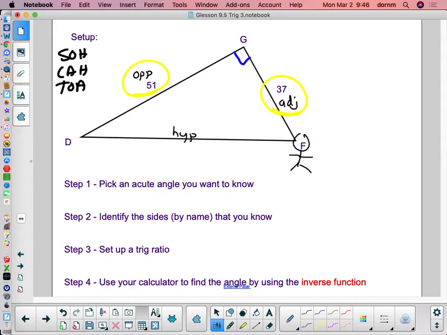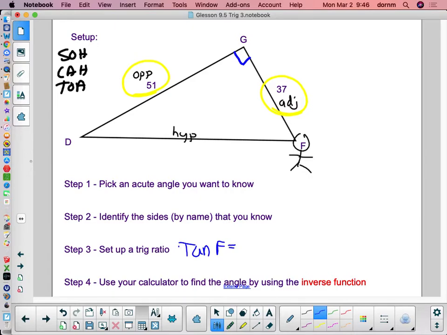Tan. So tan is the function we're going to pick. We're going to set up our equation. The tangent of f, because tangent always must be associated with a perspective. I never write tangent equals, because I always have to have an angle, tangent of an angle. Without perspective, there's nothing that we can do.